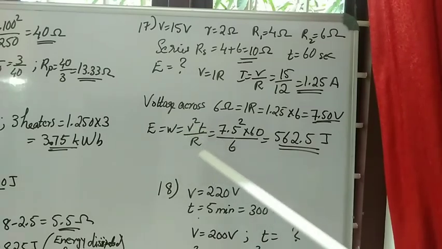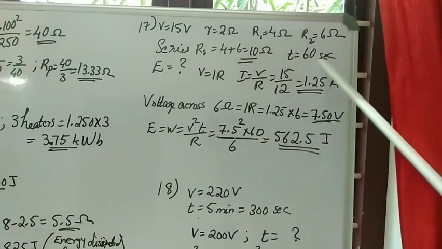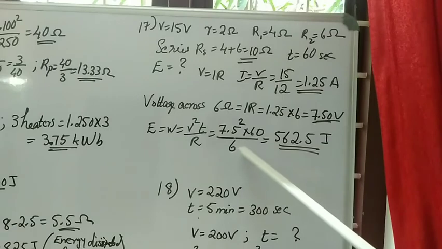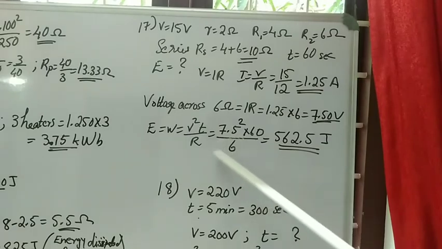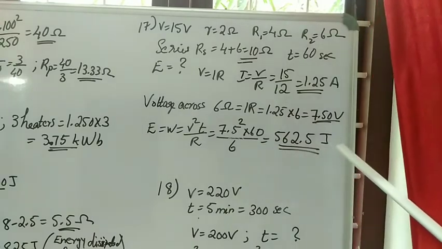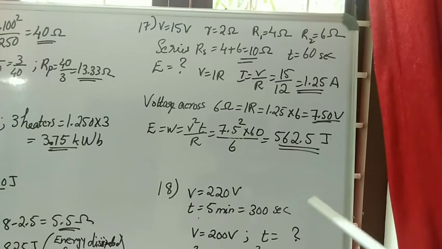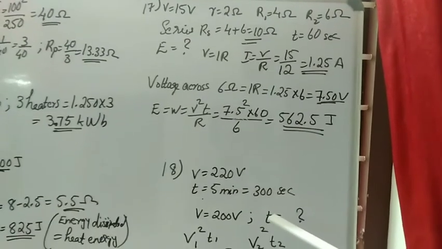So V square T by R, V square is 7.5 square into time 60 seconds divided by R, again across the 6 ohm resistor. That is why we are taking this R. By calculating we will get the answer 562.5 joule.